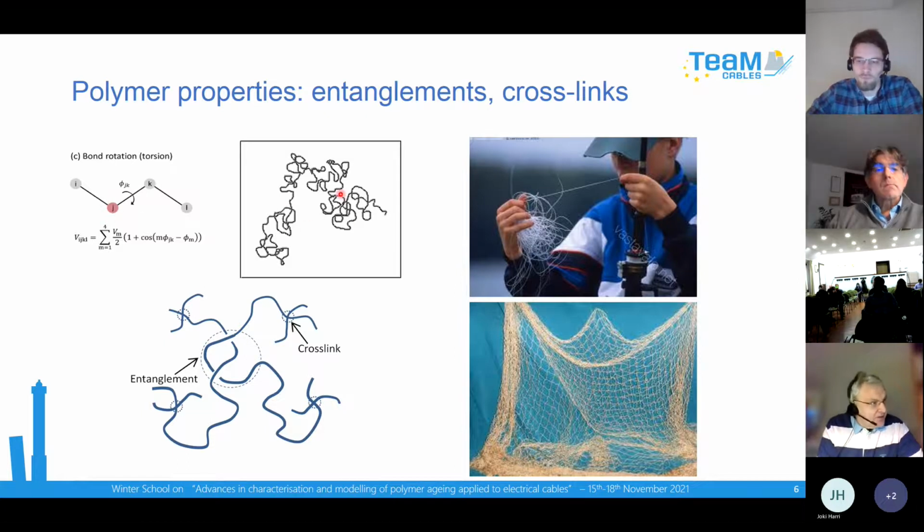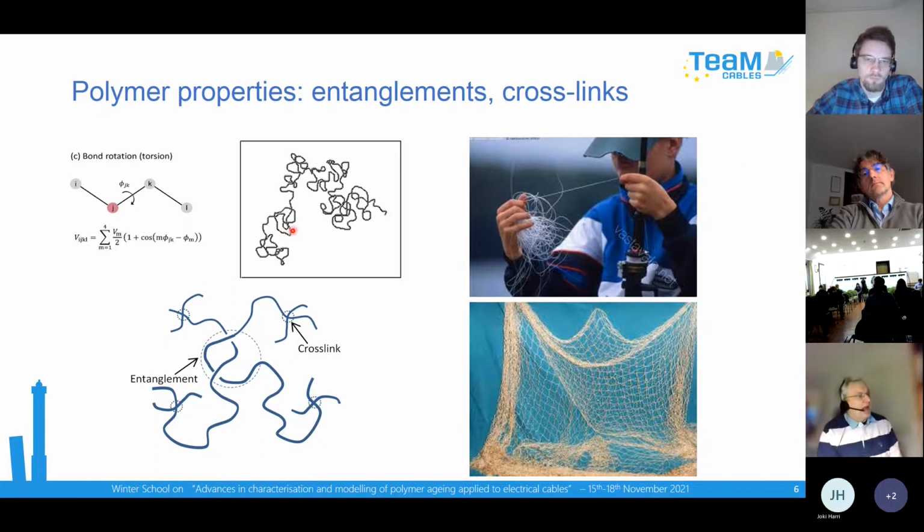And this physical shape of a chain is very important. This is what actually defines many of the mechanical properties of the material, because if you don't see it from one chain, but imagine you have many chains, then these chains become entangled with each other. And the fishing analog on the right is just an example showing how one very long chain can get entangled.